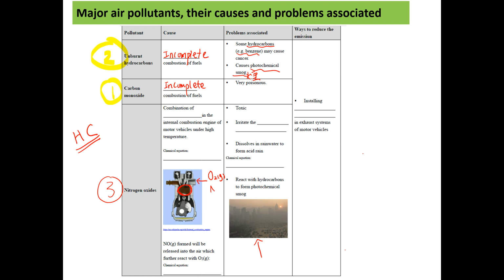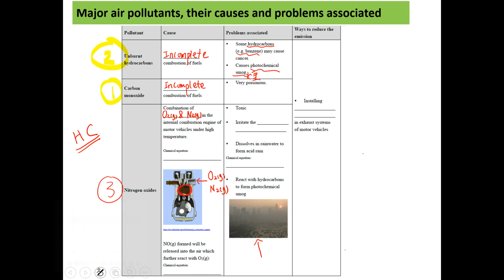At the same time, because air contains a lot of nitrogen, it will also go into the internal combustion engine. So part of the oxygen will be used to burn the petrol, but part of the oxygen will combine with nitrogen in the internal combustion engine.